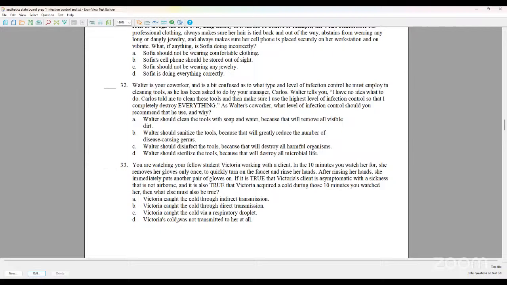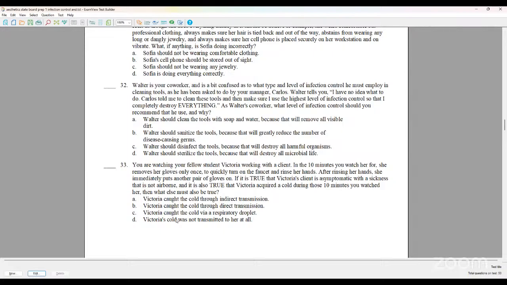33 is A. This could be one, y'all, where you're like, I don't understand it. You get stumped, but you just have to go back and read it. It can be a lot of words up front, but the last 2 sentences are going to tell you exactly what the answer is looking for. The girl got a cold, and you never knew she had a cold, but she was breathing.